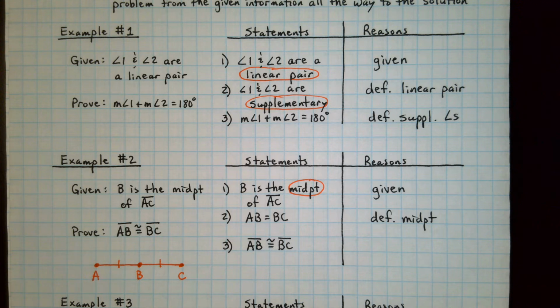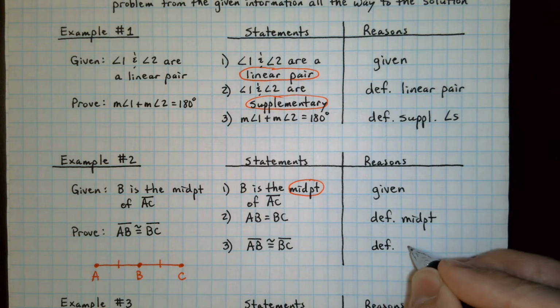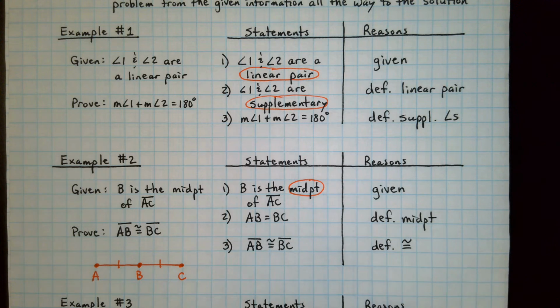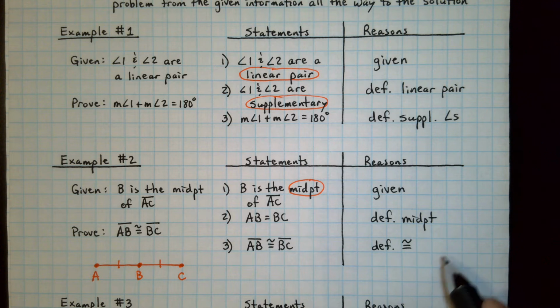Well, if they're equal measures, then that means the objects themselves are congruent, and we get that because that's what the definition of congruence is all about. Now you can use these abbreviations, or you could write it out completely using fully written words if you want to, but you can abbreviate it, I think, in this case.